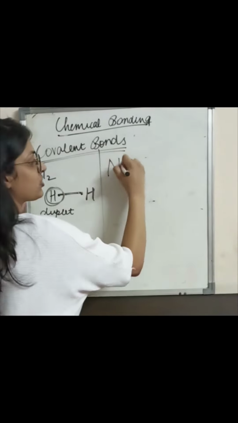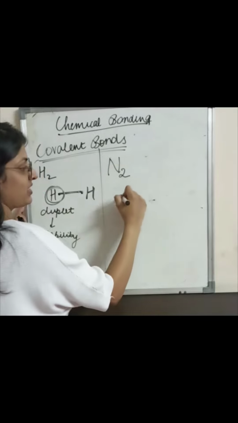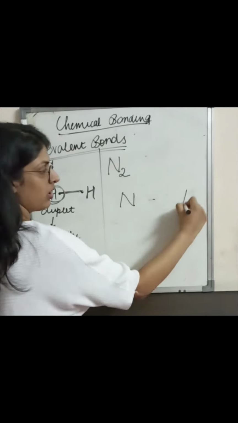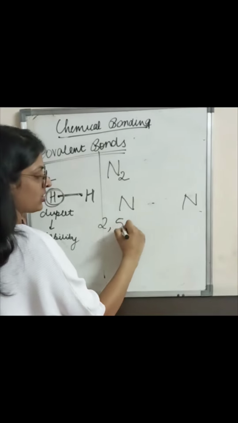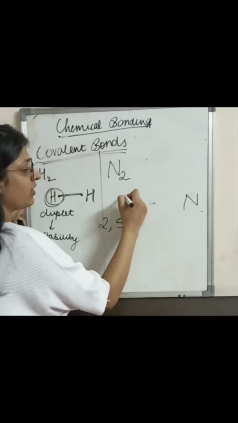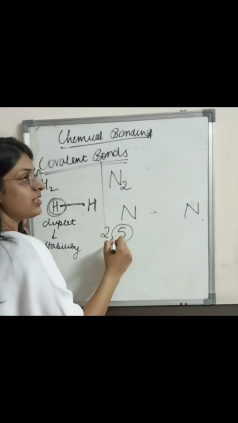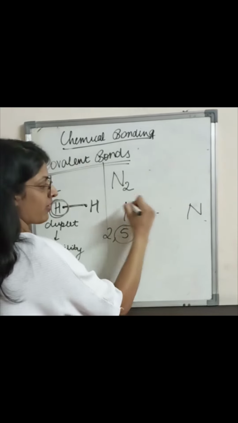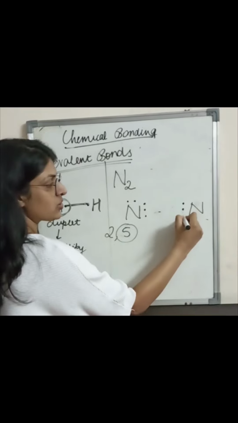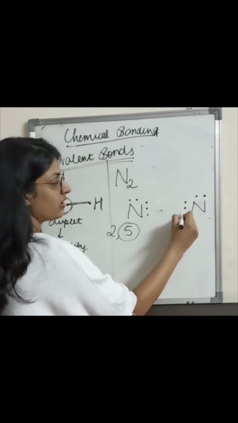Now, considering the example of N2, we have taken nitrogen along with another nitrogen. The configuration of nitrogen is 2,5. Now, 5 electrons in its outermost shell: 1, 2, 3, 4, 5. Similarly, 1, 2, 3, 4, 5.